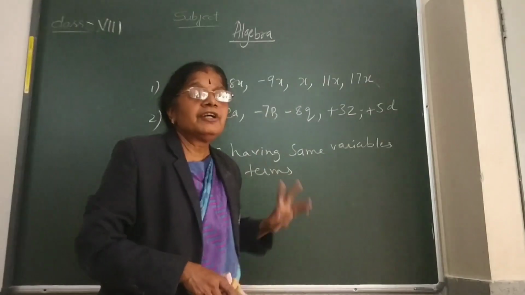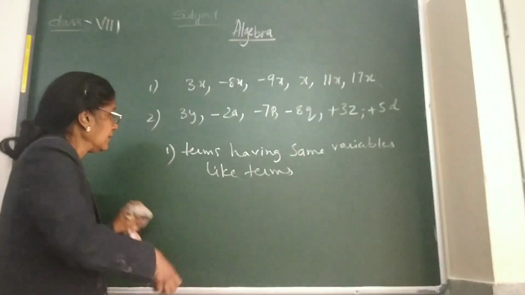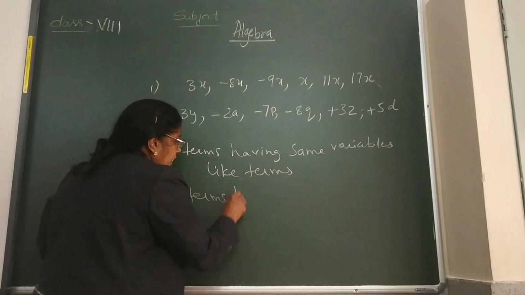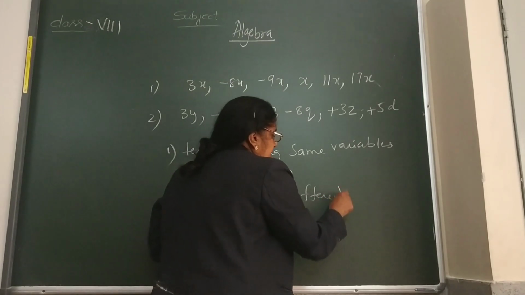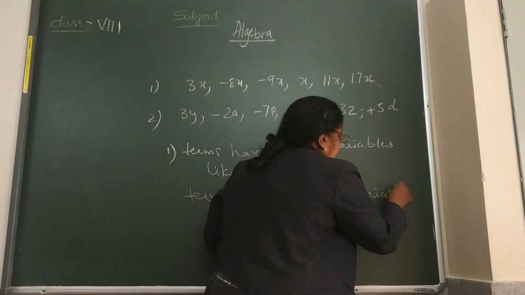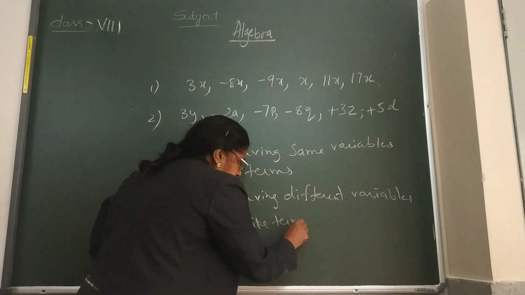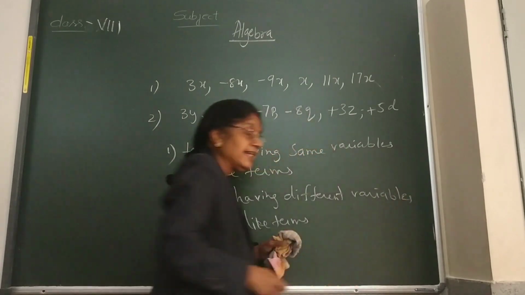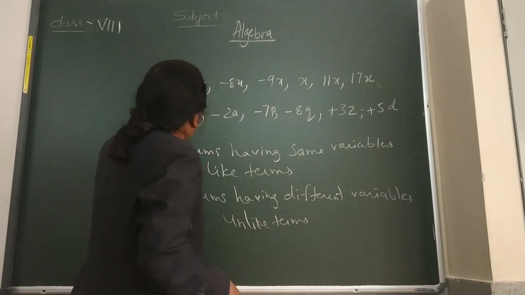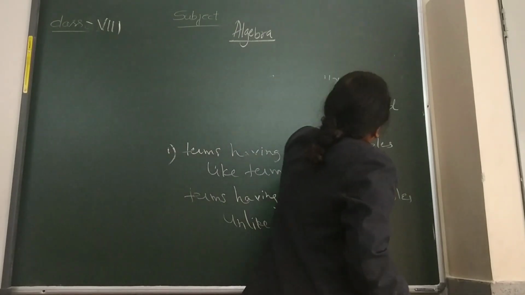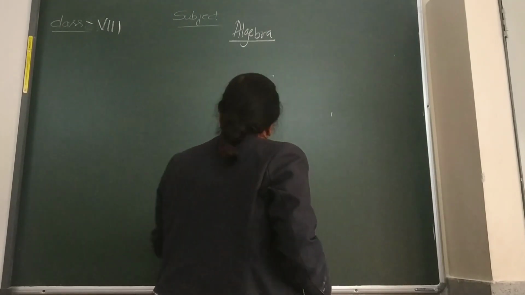In each term the variable is not the same; they have different variables. Terms having different variables are called unlike terms. So you came to know two more types of terms: like terms and unlike terms.